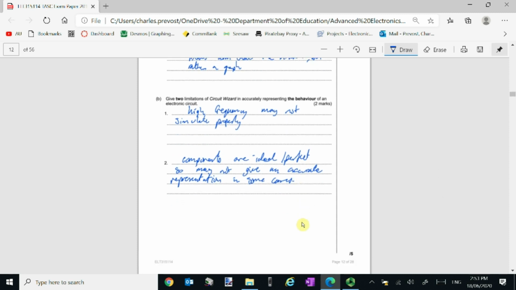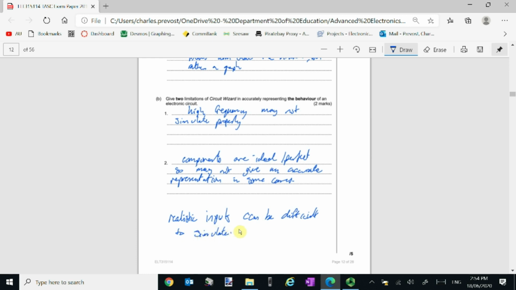I'll add another answer in there in that, what was I going to say with that? Oh, talking about inputs here. So realistic inputs can be difficult to simulate.